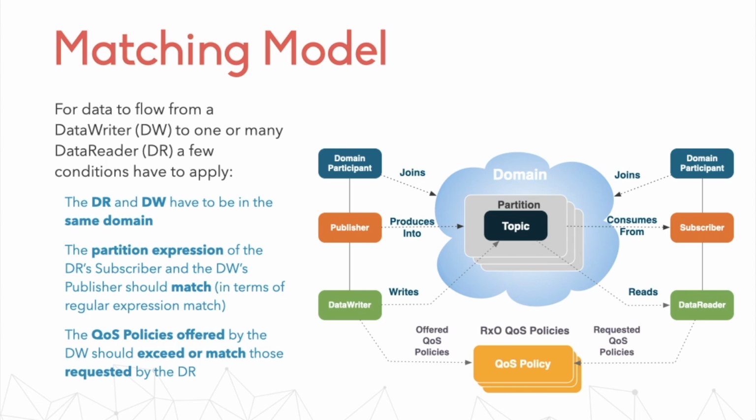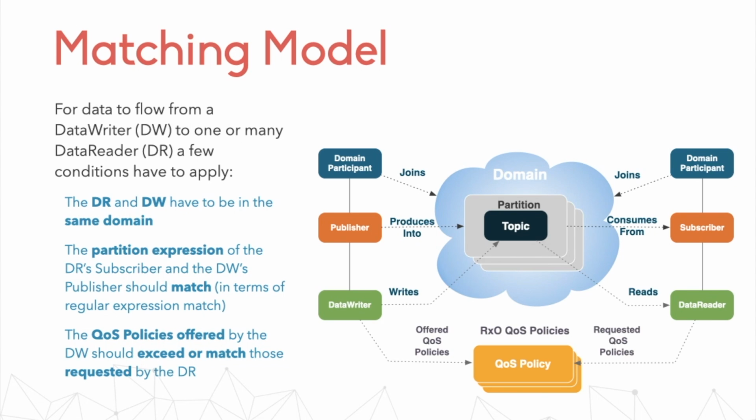Then, as you see in this diagram, a data writer, in a way, is created starting from a publisher. So, likewise, a data reader belongs to a subscriber. So, in order for a data reader and a data writer to be able to exchange data, the respective publisher and subscriber have to be associated with a set of partition expressions that are matching.